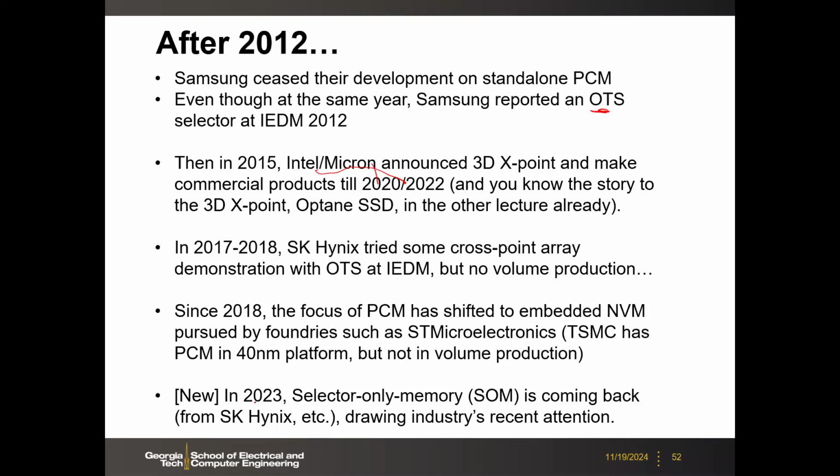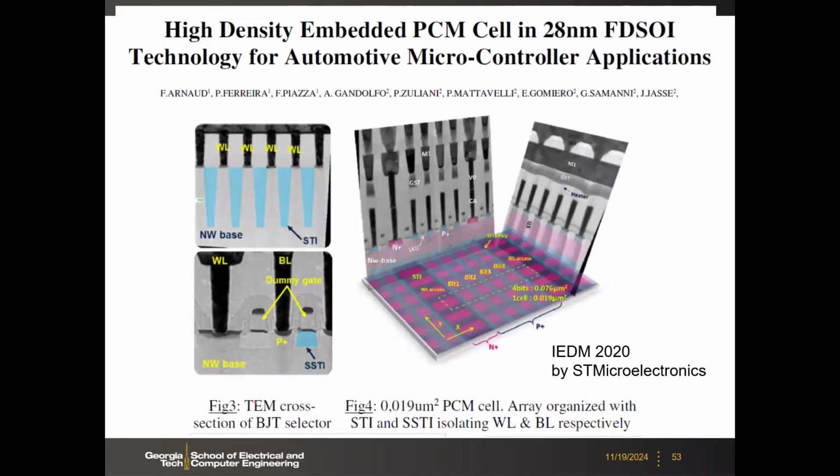So then let me quickly show you those recent progress here. So first of all, we mentioned this ST Microelectronics. They have this embedded phase change memory for the automotive microcontroller application. So here, this is at IEDM 2020, and they have the 28 nanometer FDSOI platform for this phase change memory.